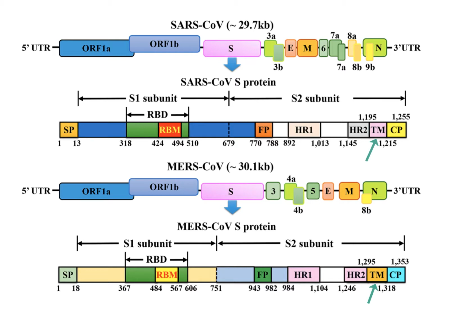On the other end, you see the TM region, the transmembrane portion that fits into the membrane. All of the other parts above that stick out into the outside portions of the virion, and specifically the RBD and RBM regions. Those are the portions that interact with the surface receptors on the host cells.